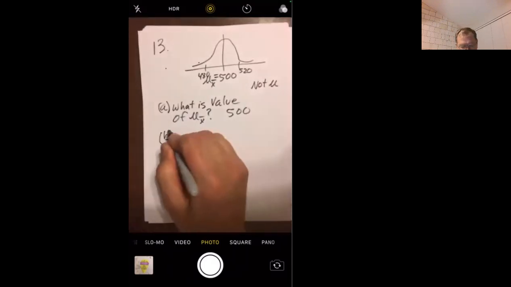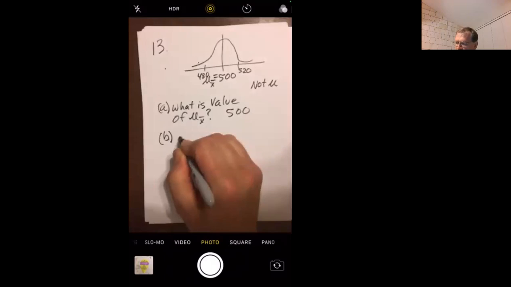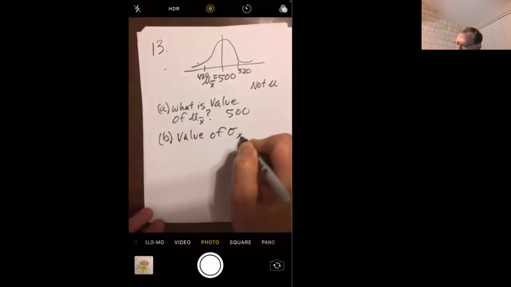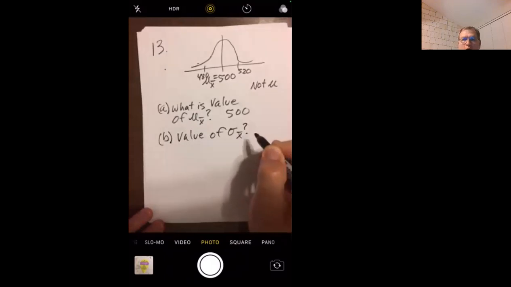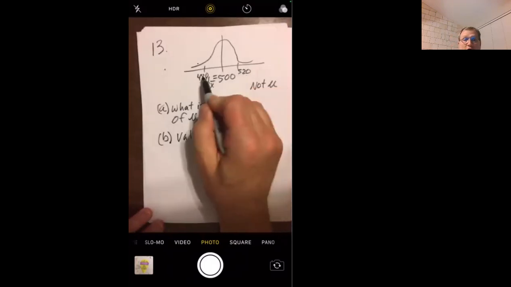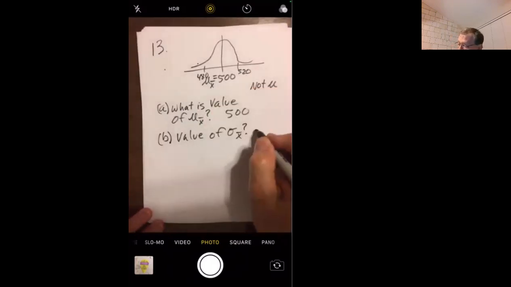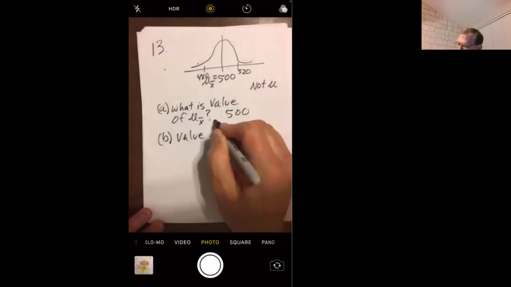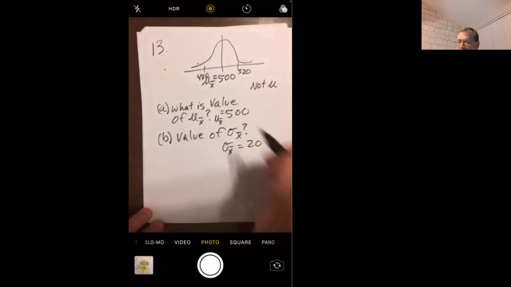So B, what is the value of sigma X bar? Well, that's just going to be the difference. You can either do it 520 minus 500 or 500 minus 480, but the difference up here is 20. Sigma X bar is going to be 20. The X bar here is your 500.